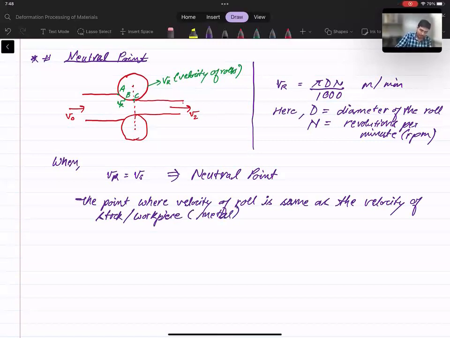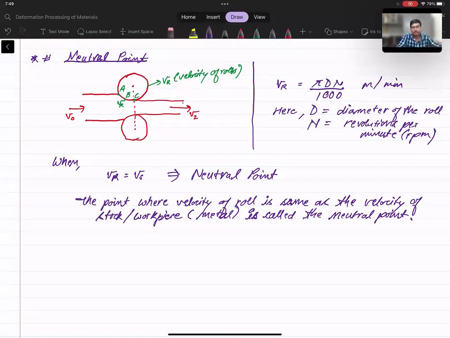This point is known as the neutral point.